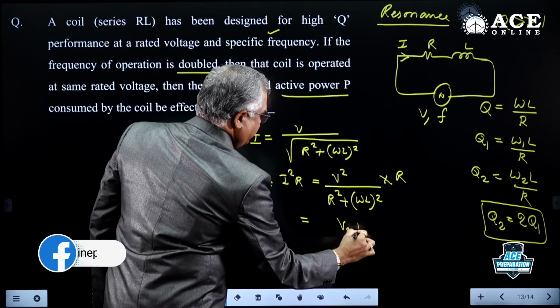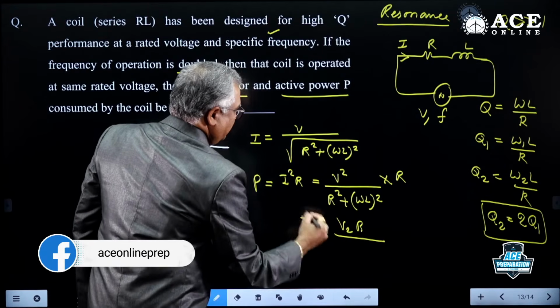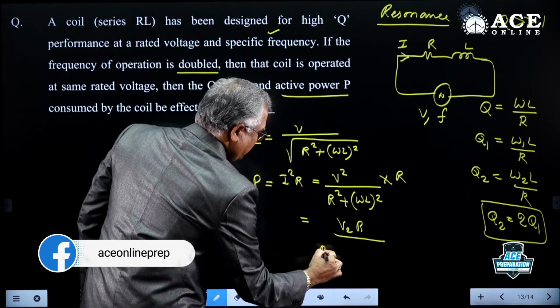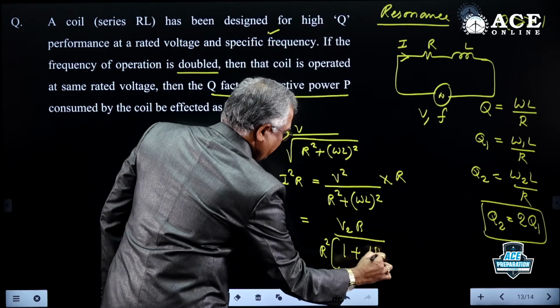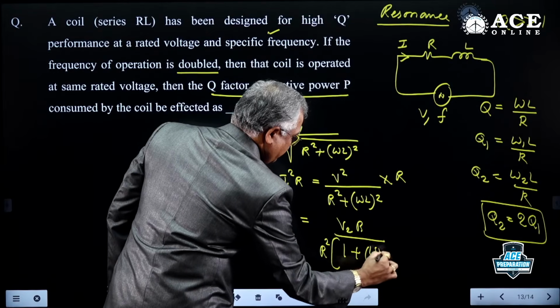This is V square into R by, we can write it like this, R square common, 1 plus omega L by R square.